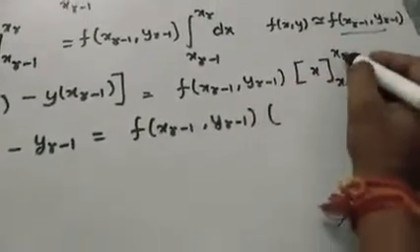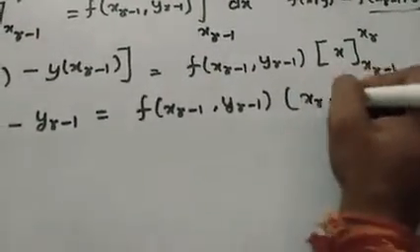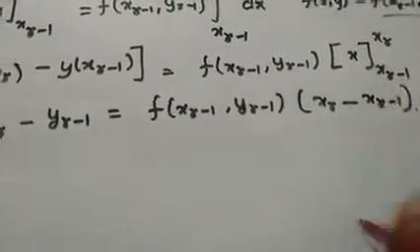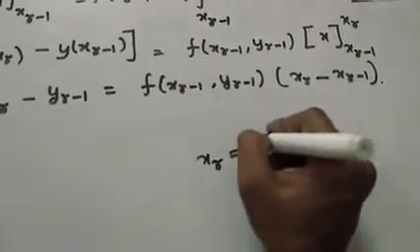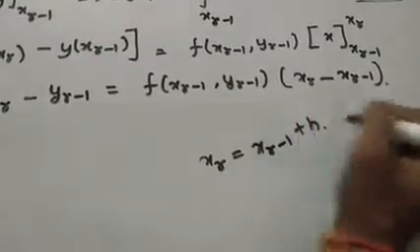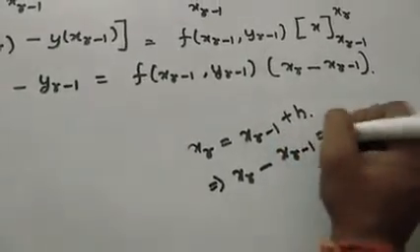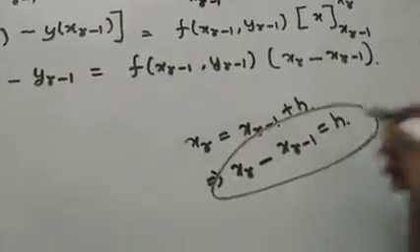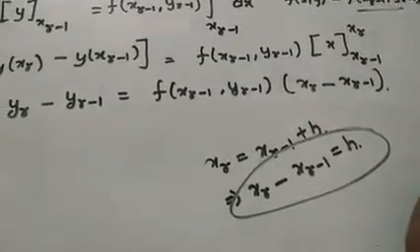Now here, putting the upper limit, in place of x put xr minus xr minus 1. If you remember, I have said xr equals xr minus 1 plus h at the starting of the proof. So that means xr minus xr minus 1 equals h. So we can use this value here.